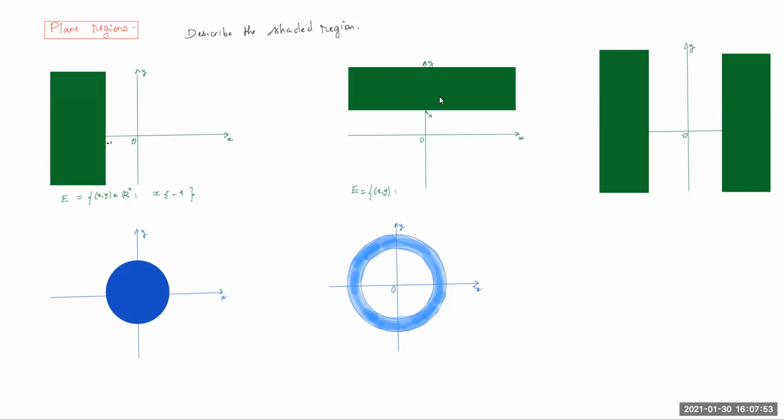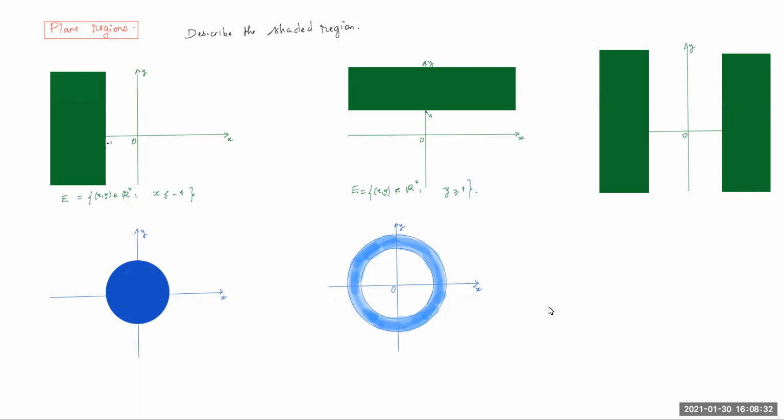Any point in this region has a second coordinate, because for any point you can look at the projection on the y-axis to read the second component, and you will see that it remains greater than 1. Now, is there any restriction on x? No, I can take any point. I will be able to take negative values and positive values. So here I will group all the points that have a second coordinate y greater than or equal to 1.